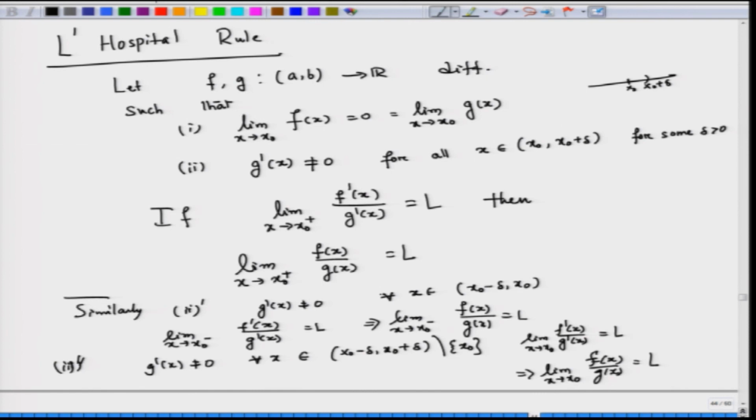So, if the derivative does not vanish anywhere on the right hand side in some interval, then we can say that if the limit of f prime by g prime exists, the right hand limit of f by g is going to be the same.